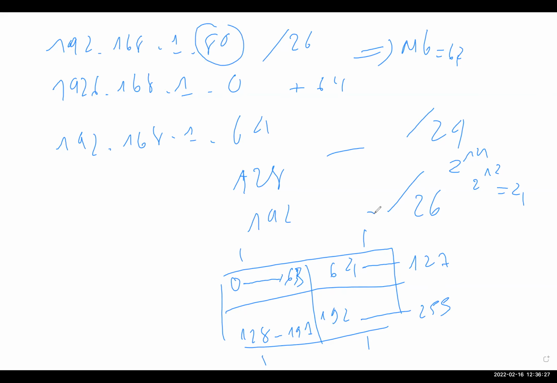So now, if you have 192.168.1.80, you know that 64 here is the network address, and 127 here is the broadcast address, and of course everything between 65 and 126 are usable addresses, or they call it host addresses. Is it okay? Make sense?